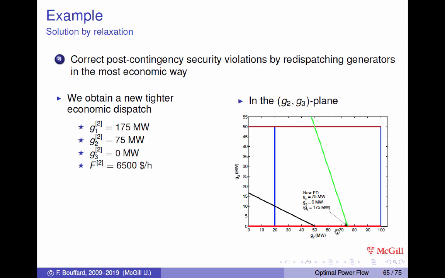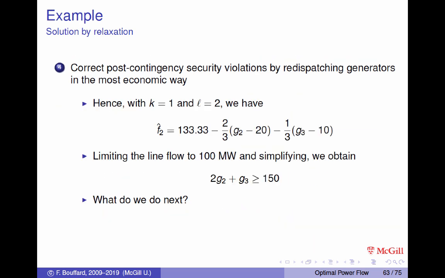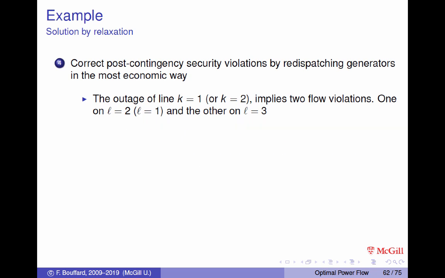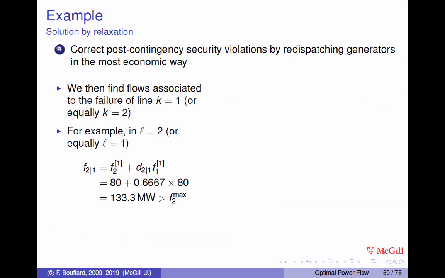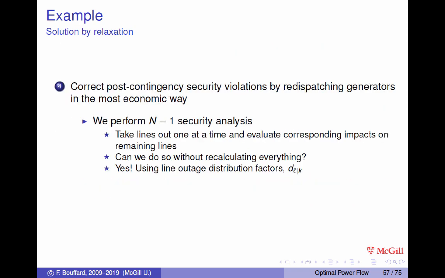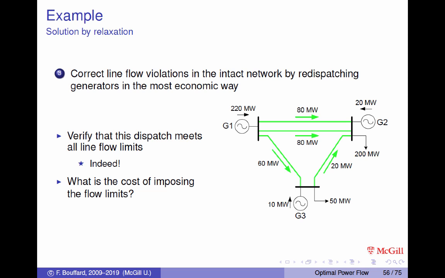So G3 from before, if we go back here, previously in the previous dispatch, G3 had 10 megawatts over here, G2 20, and G1 220.